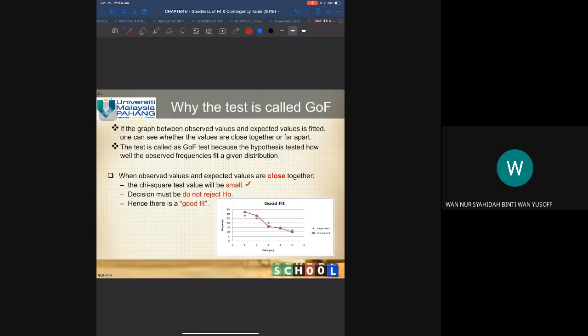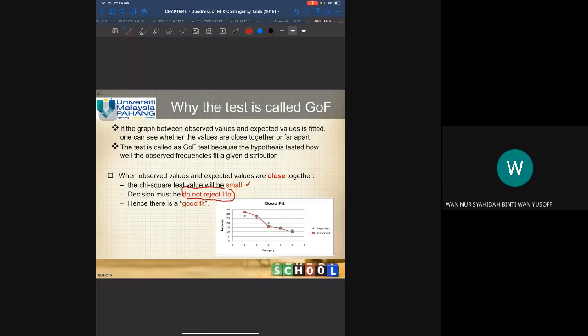How do we know it is small? Chi-square is small when the decision is do not reject H0. This means that the observed value and expected value are close to each other. So we have a good fit.